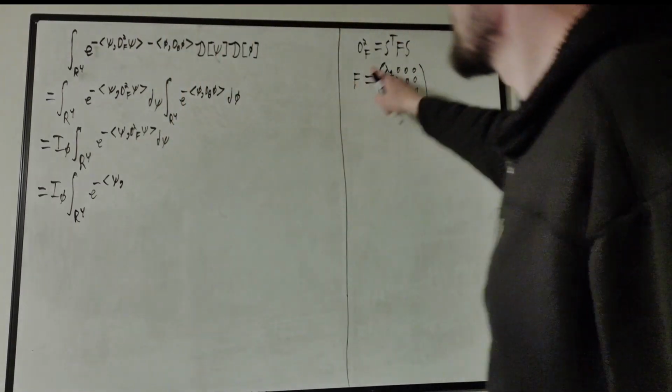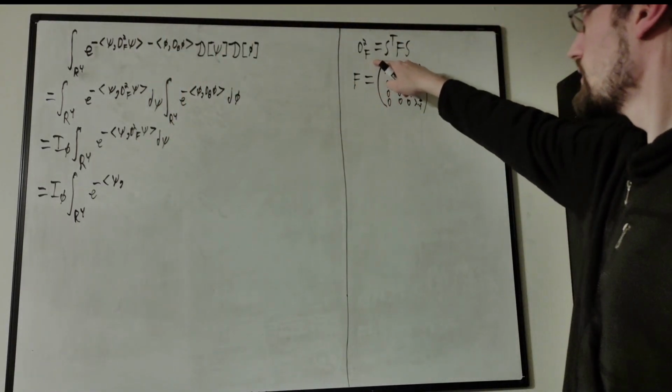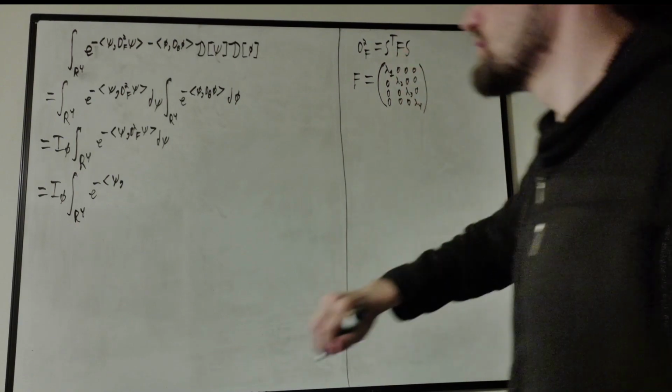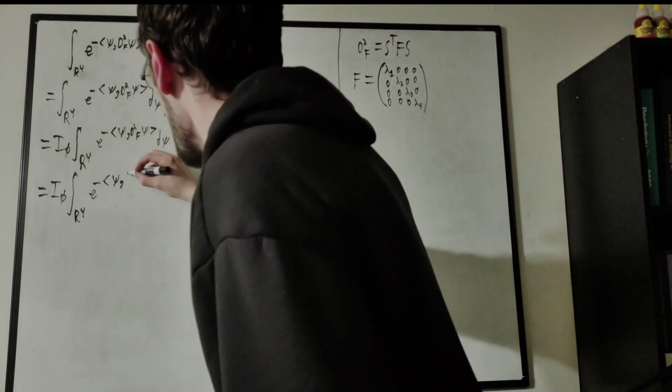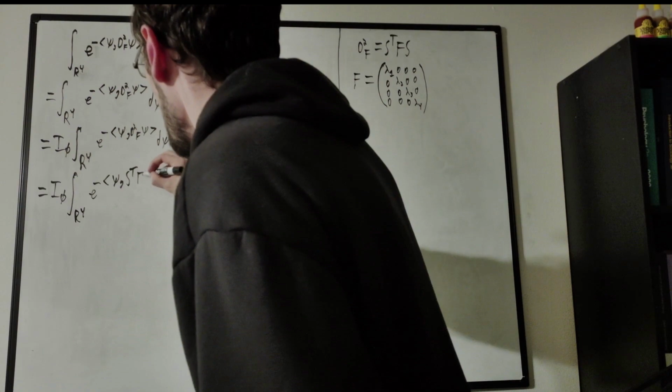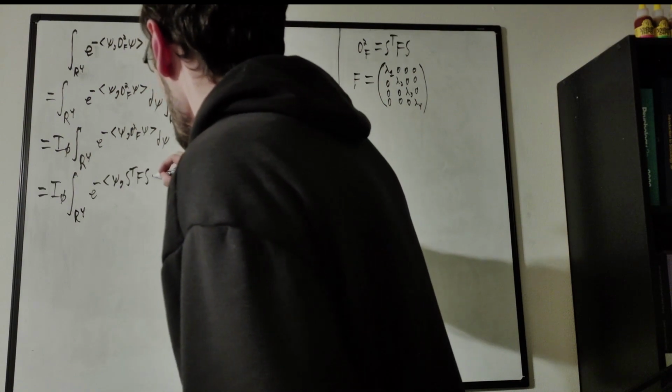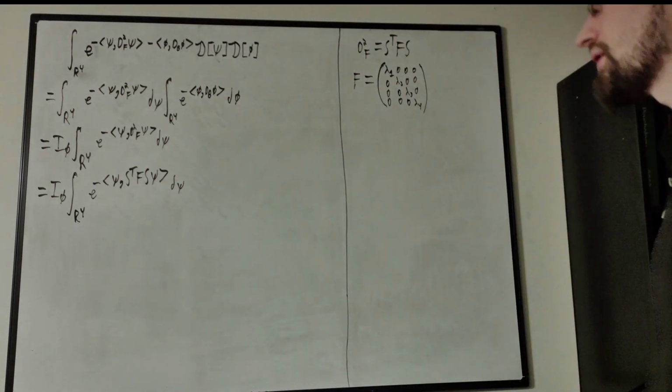Now we're going to rewrite the Dirac operator. S transpose, acting on F, acting on S, all acting then on psi. And this is, of course, integrated in respect to the spinor field psi.